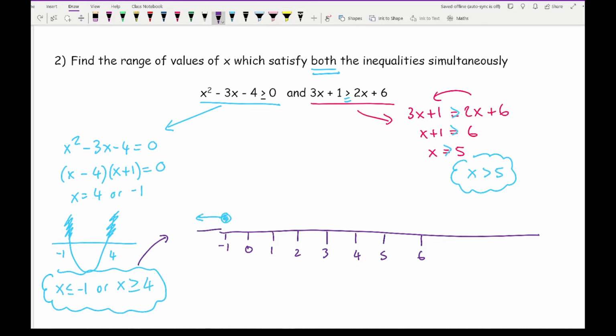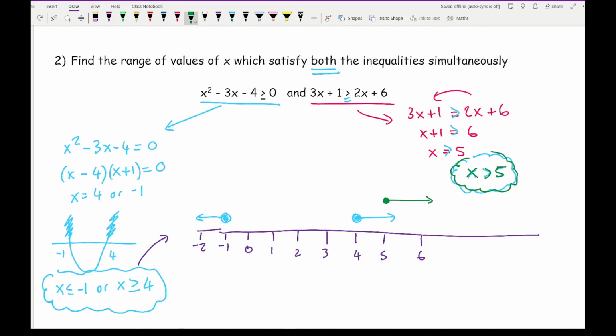Let me just extend that to put minus 2. And the other one is going to be this here, going in that direction. Now in terms of the linear one, let me just do that in green, and that's going in that direction.